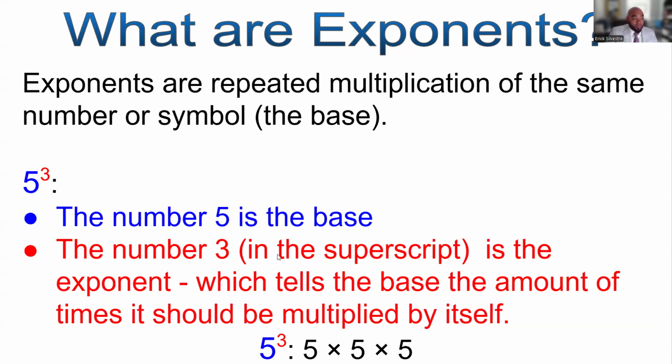Now, the number 3, this is called a superscript when you are writing. The superscript is the exponent, which basically tells the base the amount of times it should be multiplied by itself. In this case, my exponent is 3, which is telling my base of 5 to multiply itself 3 times. So I end up with 5 times 5 times 5.